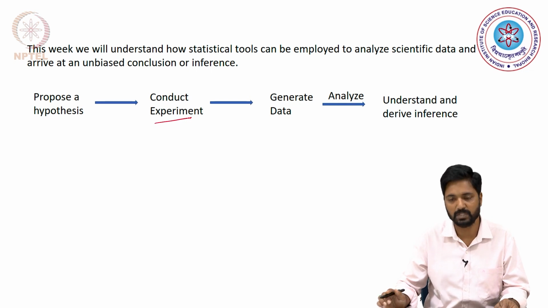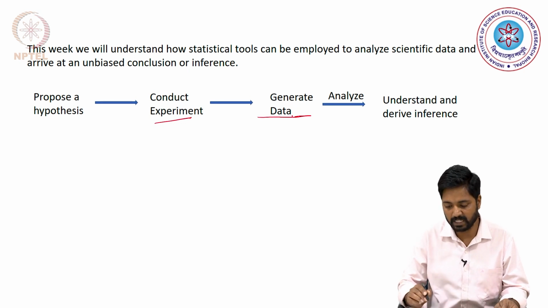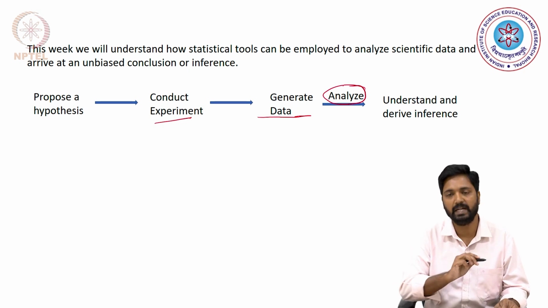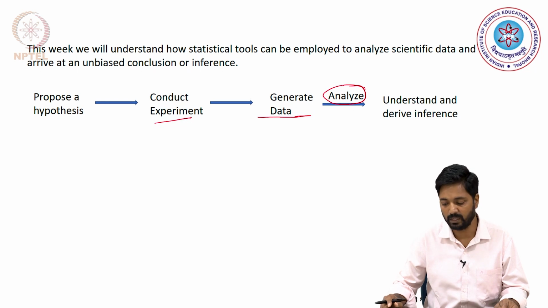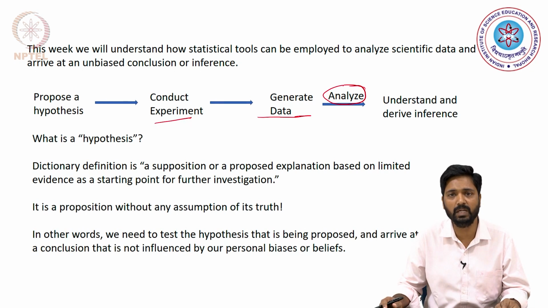These experiments will generate a set of data, and when we analyze this data through a variety of tools, we understand what this data is telling us, and then we derive an inference from what this data is telling us. However, before we move further, it is important to delve into what the term hypothesis itself means.